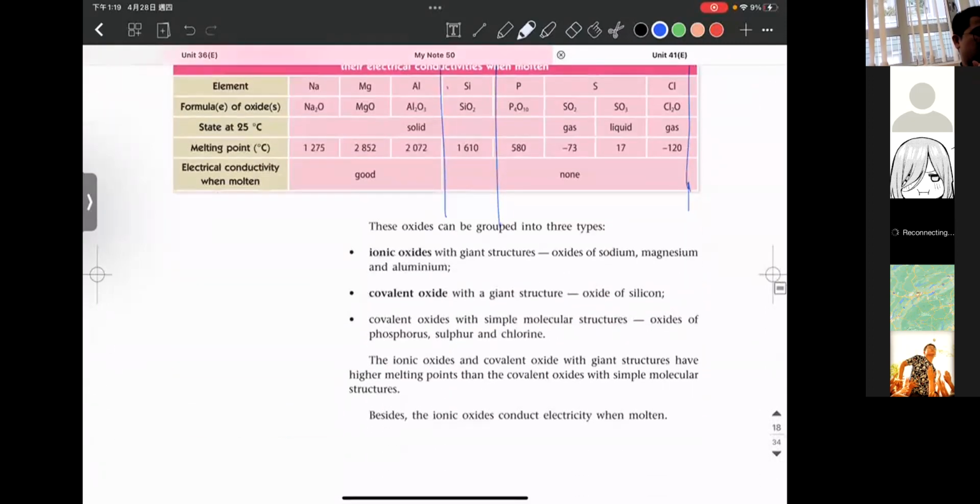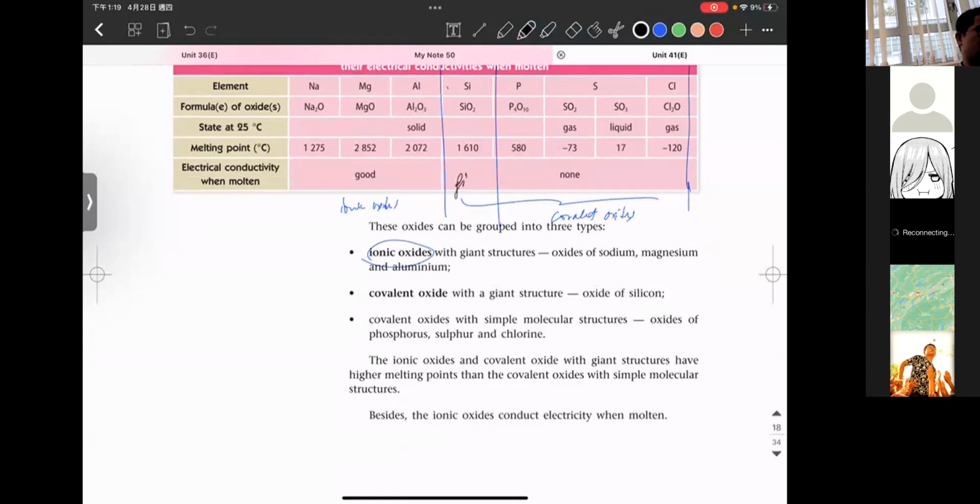Three different groups. One is ionic oxide. So you may find it here. While the other two, we call covalent oxide. But we will want to have a further split of covalent oxide.